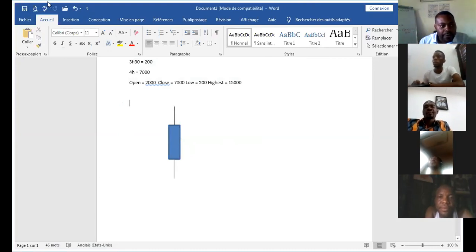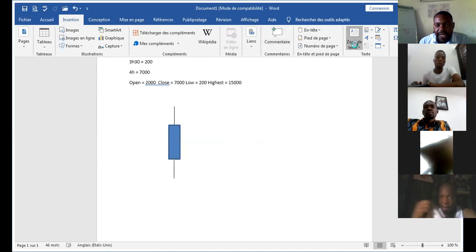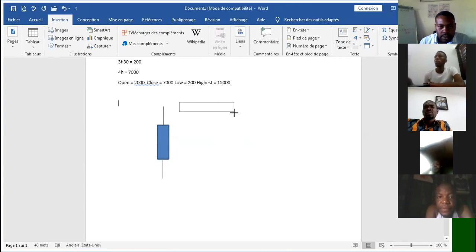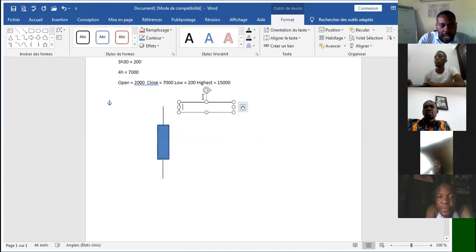So the first thing we want to do now is identify all those prices. I'm going to identify all those crucial prices for you to see. Our high price, like we saw, was 15,000 francs. That was our highest price within that price action.